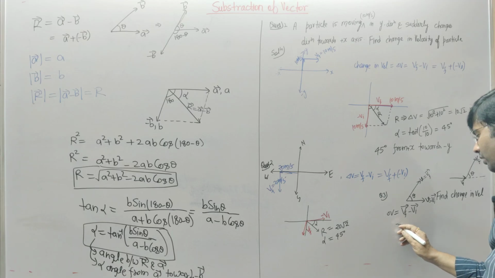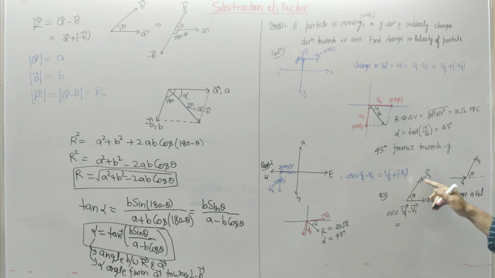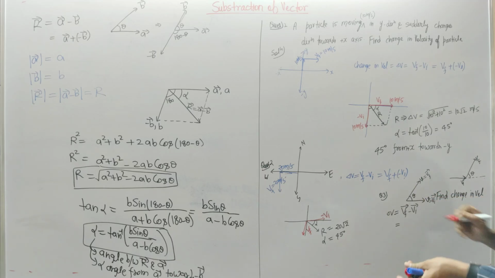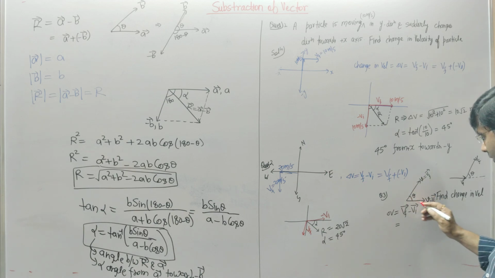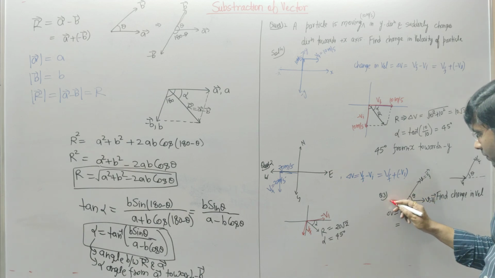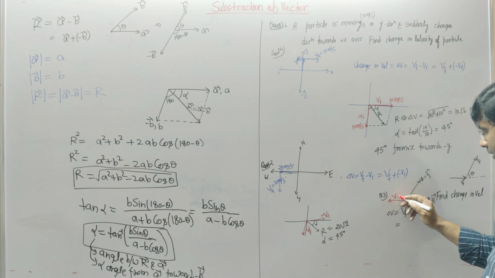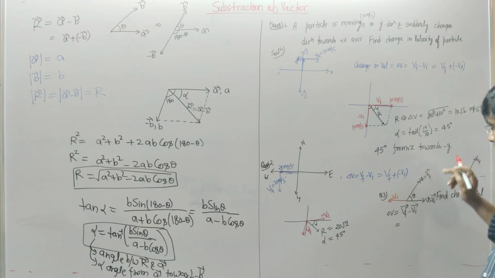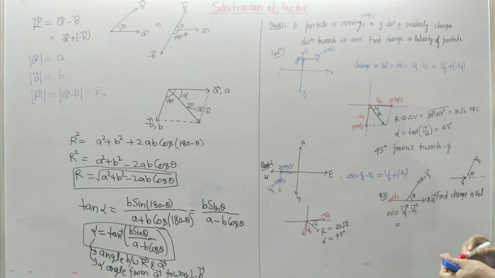If I want to find the resultant, this is a subtraction of vectors, final minus initial. So I can write the initial vector subtracted as minus Vi. That means we have to add this Vf and plus minus Vi. So here we have to find the resultant.